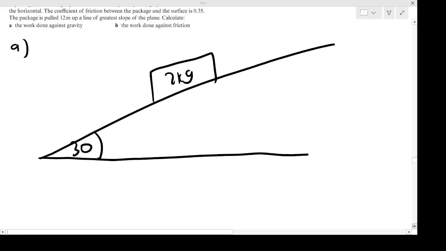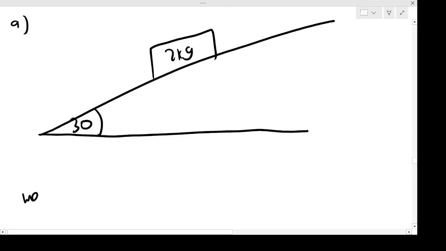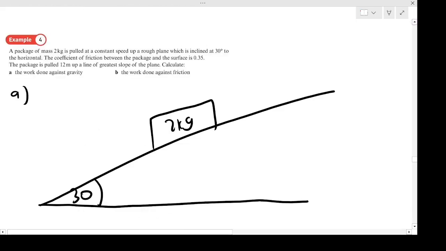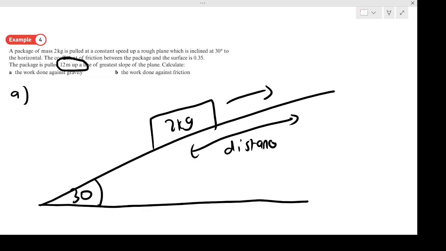So that's going to be work by gravity, mgh. I know the mass is 2, g is 9.8. I need a height. I'm told the package is pulled up by 12 meters, but of course that's not the height.